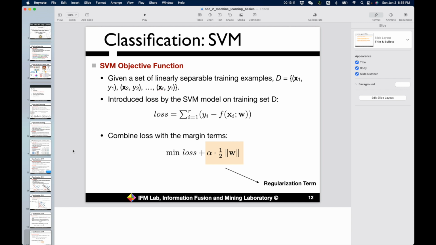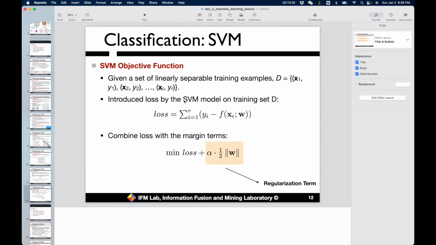So, based on this intuition, we can define the objective function for this problem. We are studying the classification problem. Given a training set, we have all the training instances with features xi and labels. Besides maximizing the gap between lines, we also want to ensure the model can classify the instances in the training set correctly.